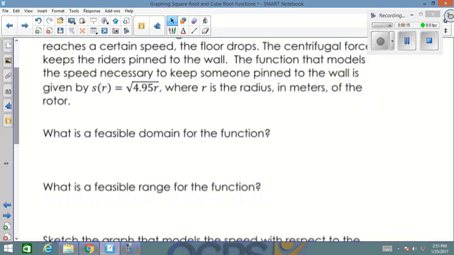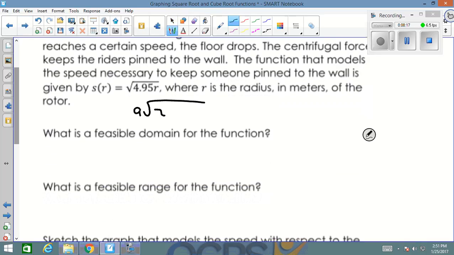Okay, remember we talked about a square root of x minus h plus k. H deals with domain. In this case, we don't have an h. So our domain starts at 0, and we know that everything has to be greater than that. The x is this R here in the S of R. So our reasonable domain is R is greater than or equal to 0.